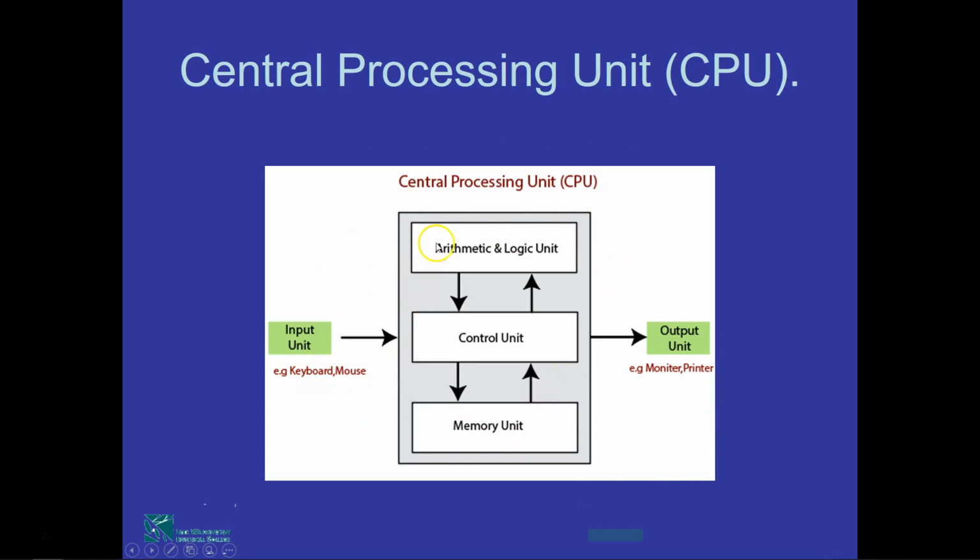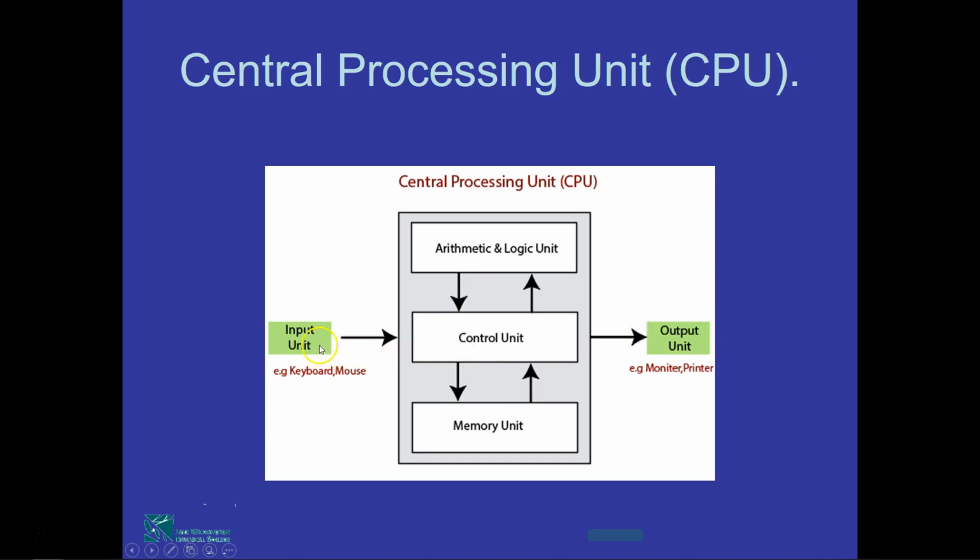Inside the CPU, you have arithmetic logic unit, you have control unit, you have memory unit, and you can see how these arrows are going in this direction, and then from memory unit, it is going in the up direction. Which means each of these units, they can basically communicate with each other. And then on the side, you have input unit and the output unit.